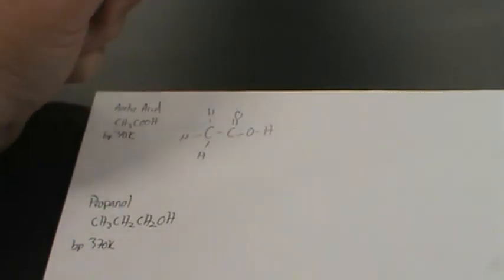All right, now let's look at two compounds that do have hydrogen bonding. Okay, so we have acetic acid, and let me draw that out real quickly. Just draw the Lewis structure. And we have propanol.